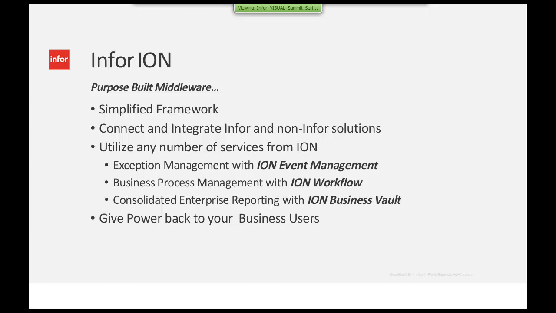As we're connecting those applications into ION, there's a number of services that come with the middleware, with the ION stack. And you can see those in front of you. So things like exception management, the ION event management. Those are things where we have an application that's connected to ION and is producing transactions and flowing those into ION.